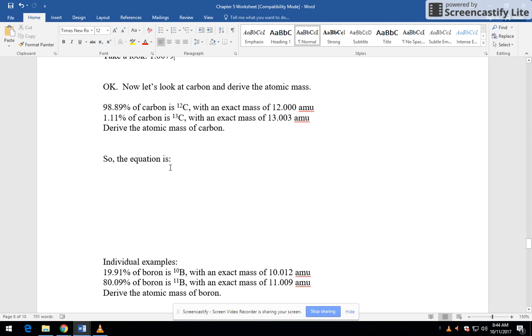Derive the atomic mass of carbon. Well, the equation is just, right, frequency, just like we were doing right before.